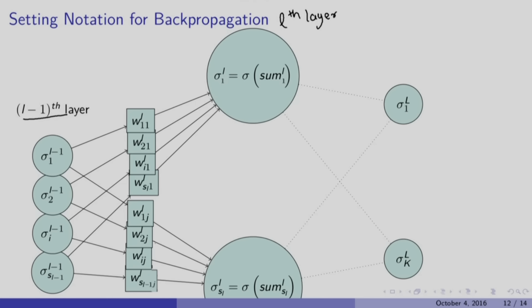So in general you have wij, this wij goes from the ith node to the jth node here. There are S^(L-1) nodes in the L minus 1th layer, and S^L nodes in the Lth layer.